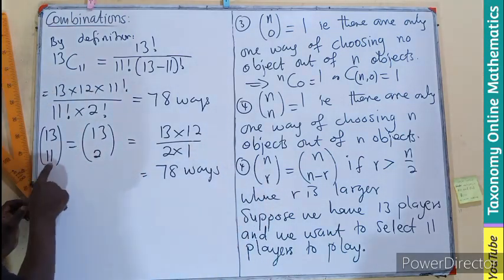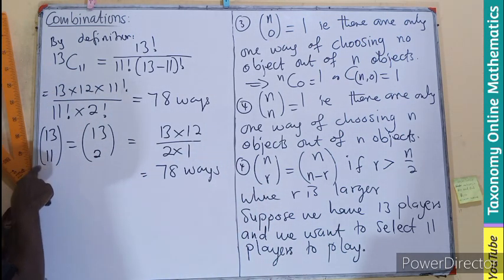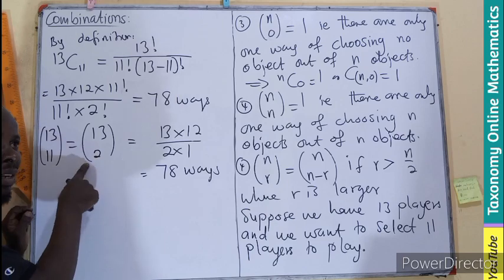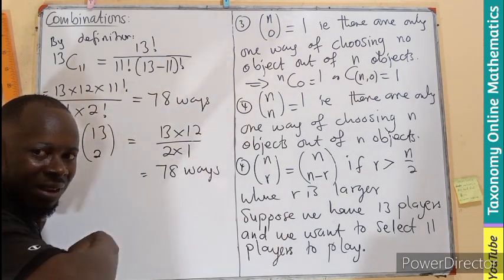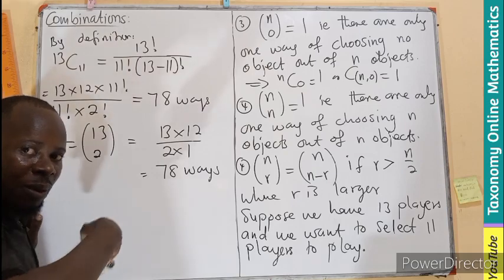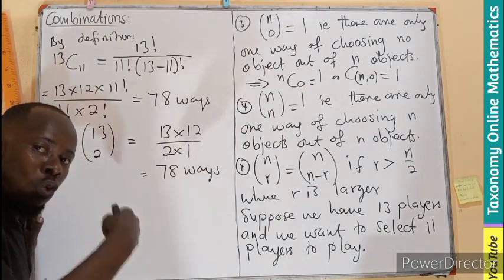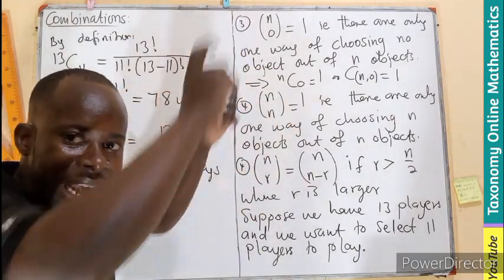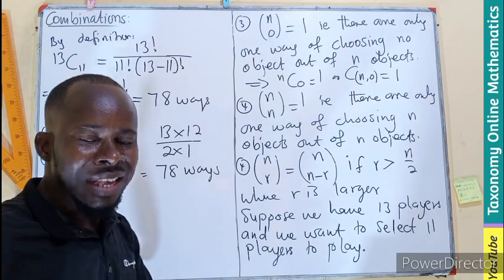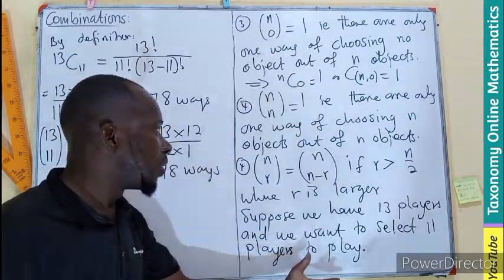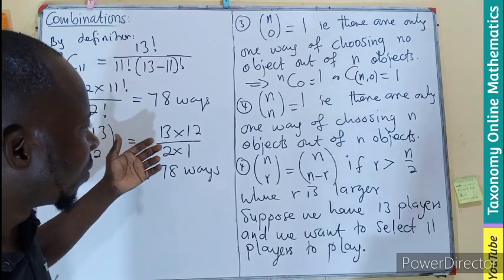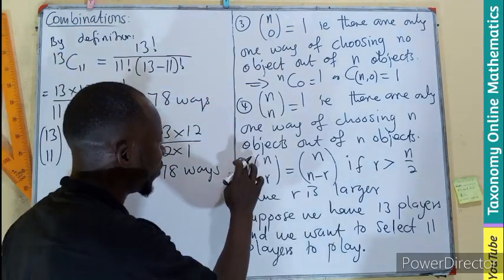So that is what is happening. I am selecting 11 players. It's the same as if I am not selecting 2 players, because 2 will be left when 11 have gone to the pitch. So I will deal with those 2 selected. Then it will also tell me the combination of 13 people when 2 are not selected to play. So with these 4 notes that we have, I think 4, so this will be 5.